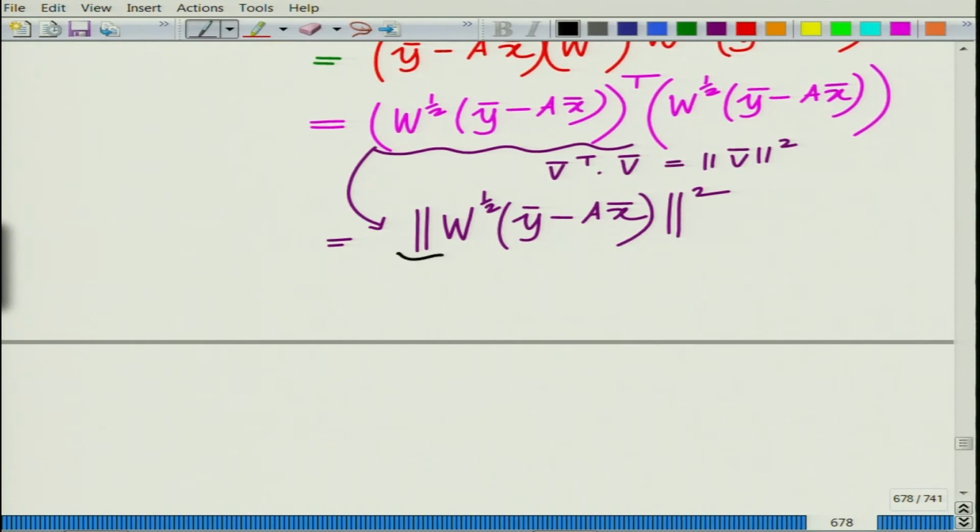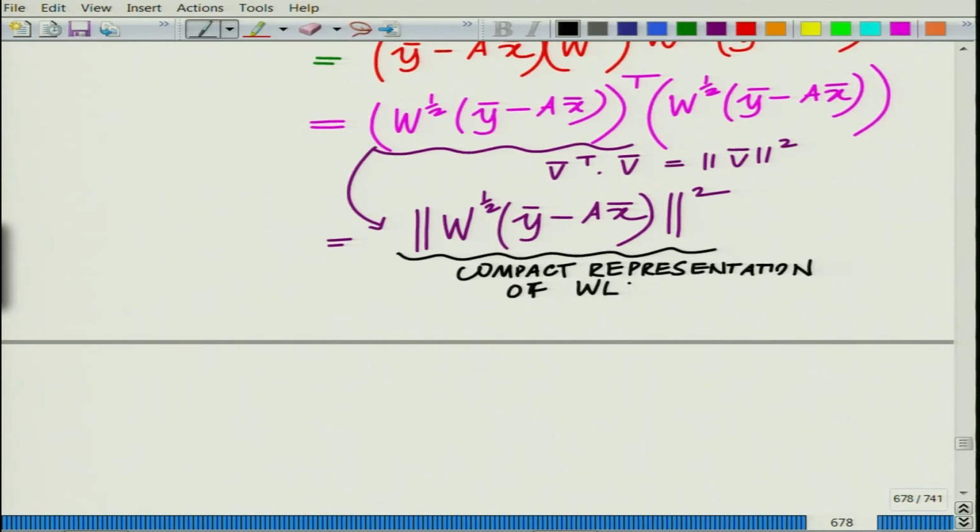This is the compact representation of your WLS cost function, that is, norm of W half y bar minus A x bar whole square.